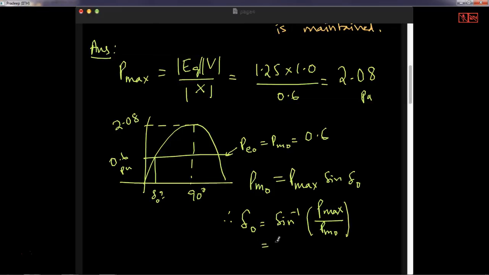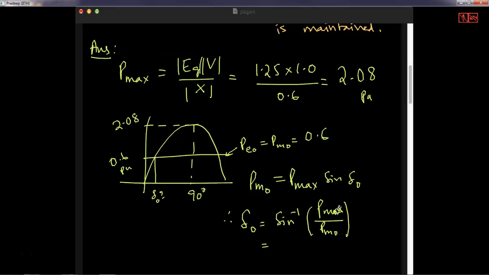So let's do that. Sine inverse of 2.08 divided by 0.6. Oh, sorry, this is actually reversed.